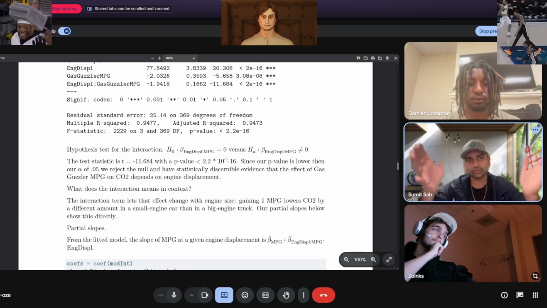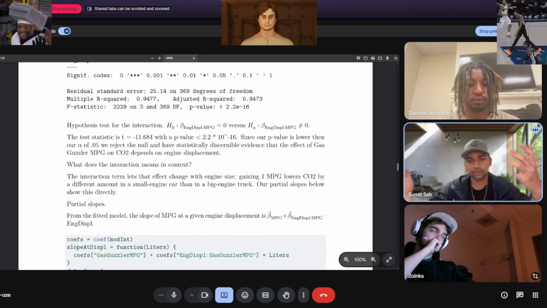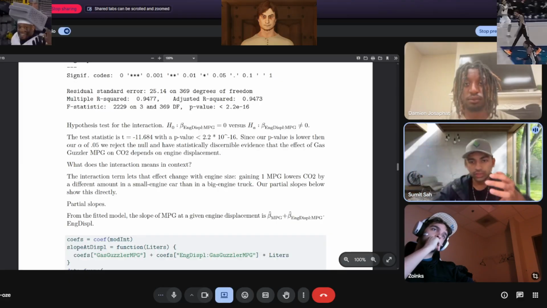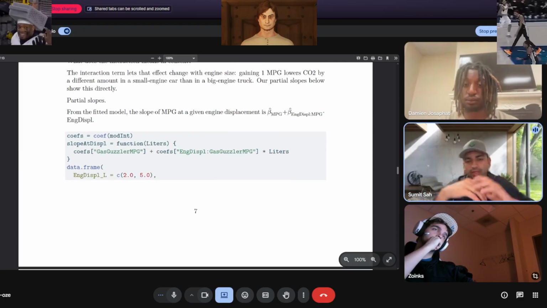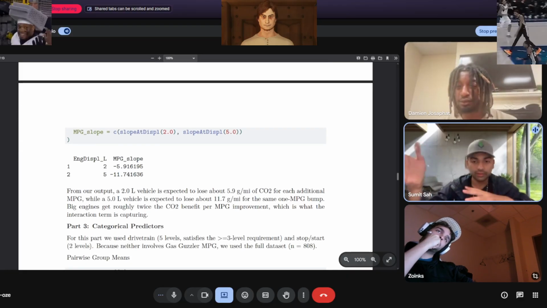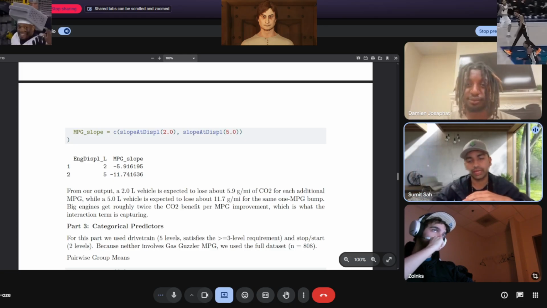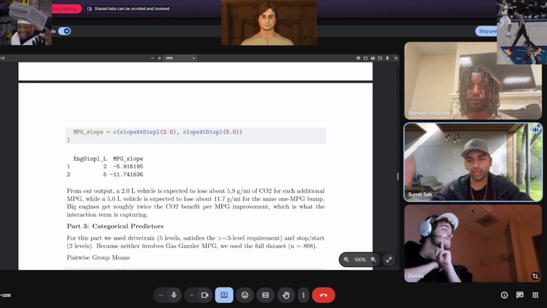To explain it in plain English, we calculated the partial slopes at two engine sizes. For a 2 liter vehicle, each extra mile per gallon is associated with about a 5.9 grams per mile drop in CO2. For a 5 liter vehicle, the same 1 mile per gallon improvement is worth about 11.7 grams per mile.